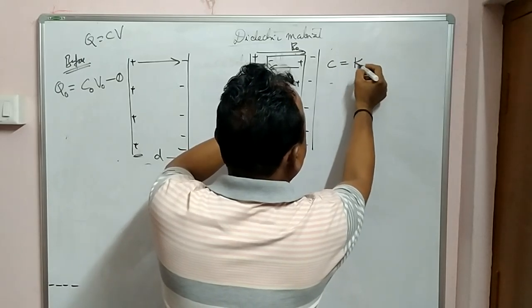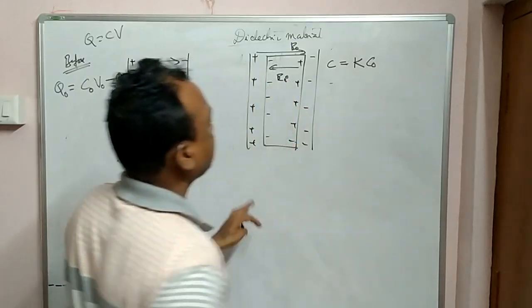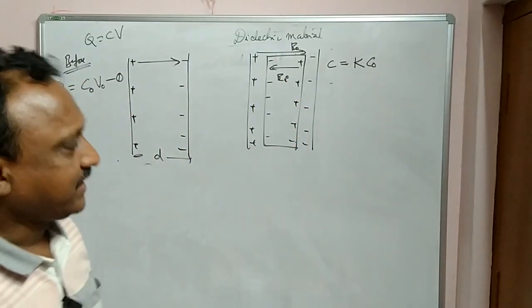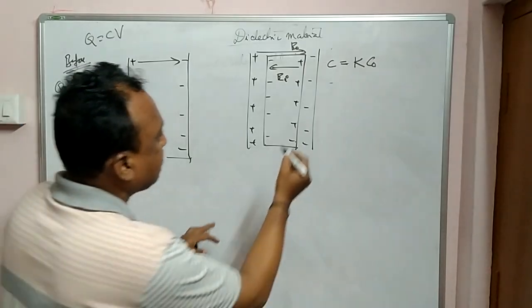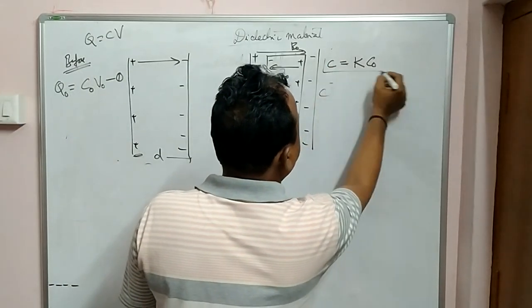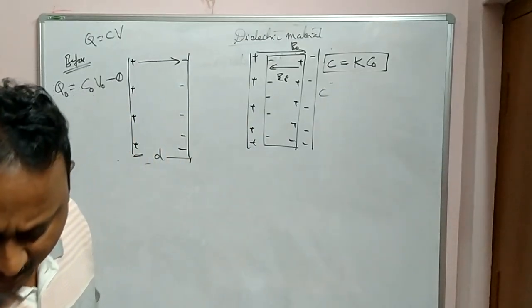Now when you introduce the dielectric material, what happens to the capacitance? Capacitance becomes K times the original value. Now we'll check whether it is correct or not. So what is C here? It has to become like this, K times. So what is the formula again?